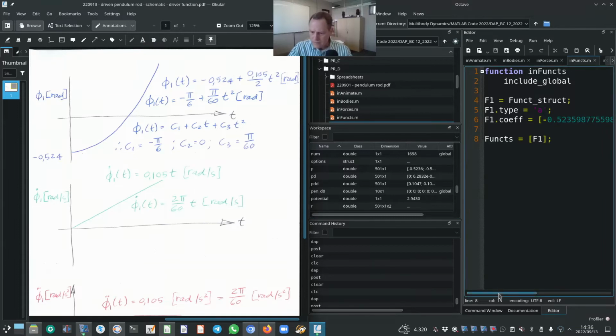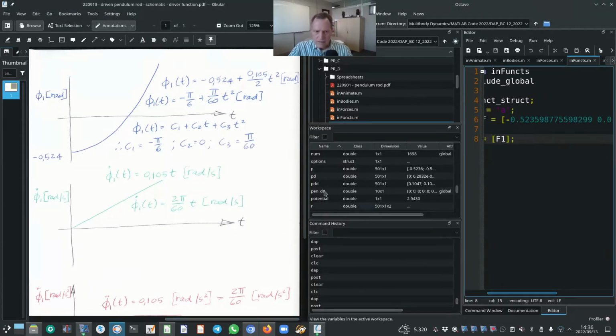Right, so let's just confirm how we got to that. This coefficient C1 is minus pi over 6, or approximately minus 0,524, and that's what you see on the screen here.